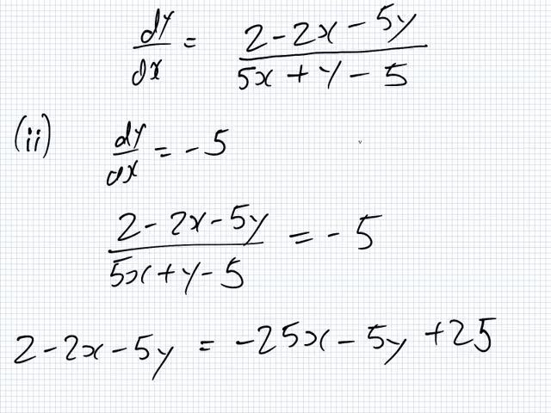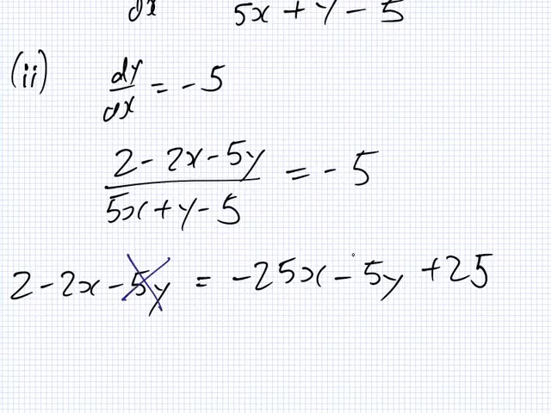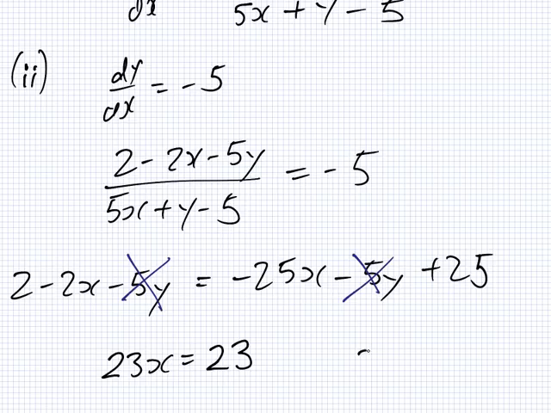Now why is that good news, Malik? Can you see that? This will cancel this. Now no more y to worry about. So we get 23x equals 23. x equals 1.